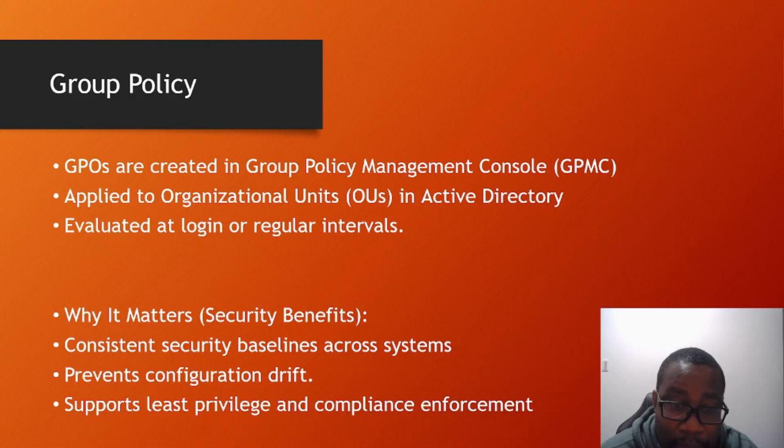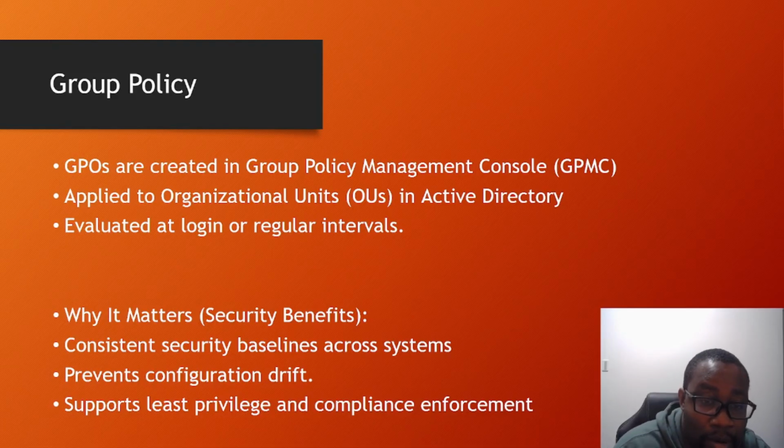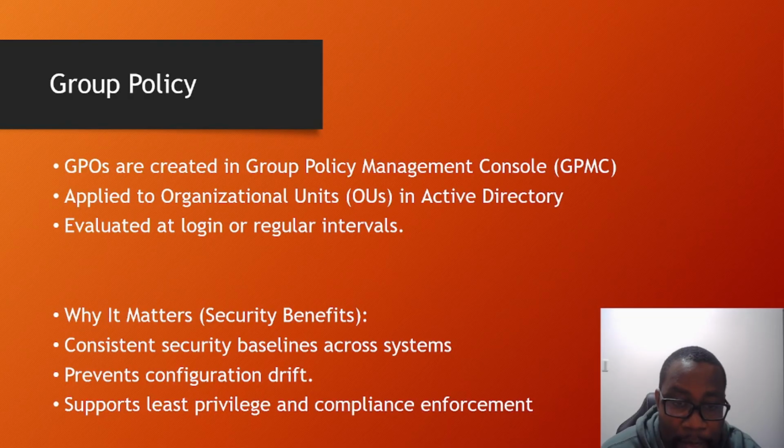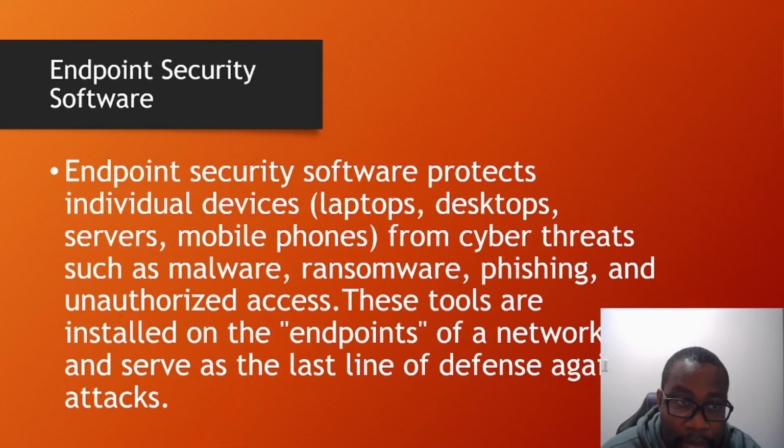So this pretty much means it's one flat baseline across the domain and all the endpoints on the domain, so that everyone is uniform, so there's no configuration drift, i.e. someone doing their own thing and configuring their devices in their own way. Everything is uniform, everything gets its updates, so everything is as secure as possible, right? So compliance is enforced. All right, to the next one.